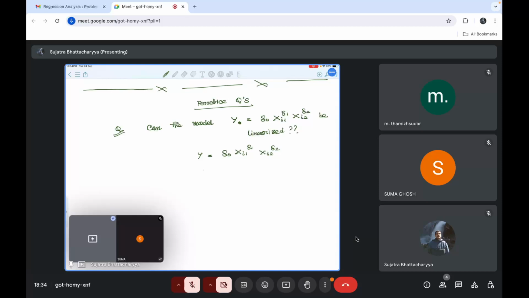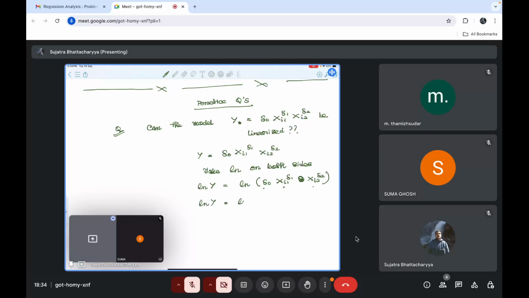What we do is take natural log on both sides. Okay. Just write it first step by step. So log y will remain log y. Now log of a into b into c. This is a, this is b, this is c. It will be log a plus log b plus log c.